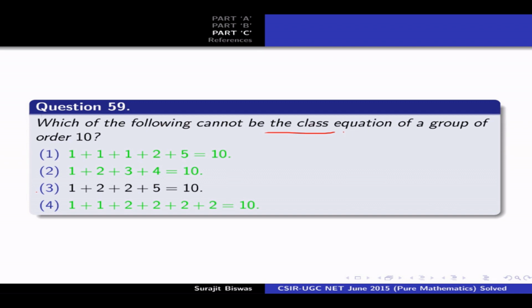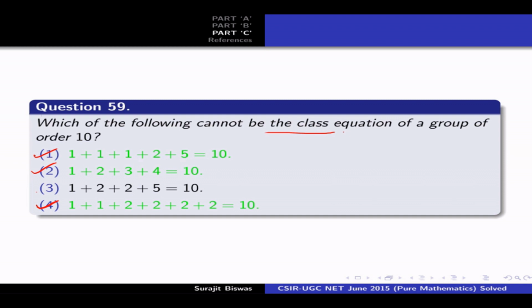Which of the following cannot be the class equation of a group of order 10? So we need to choose the options accordingly: this cannot be, this cannot be, and this cannot be.